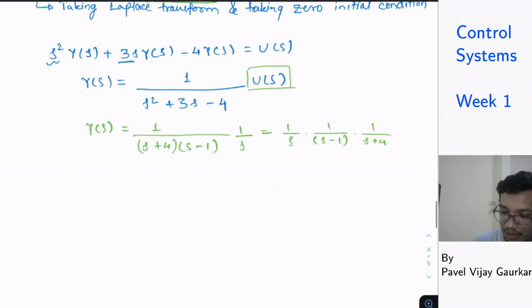A into s plus 4, into a plus b into s plus b into s plus s square, c into s square plus c into 4, in bracket s minus 1, divided by the denominator.